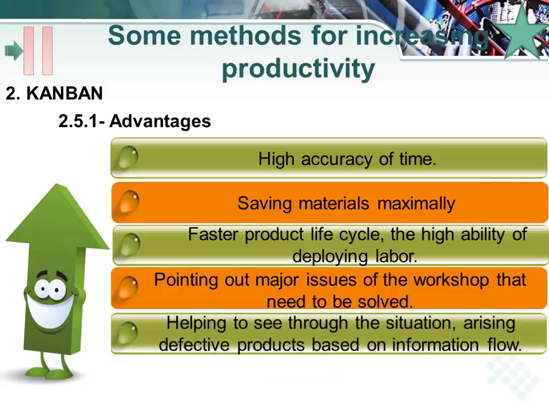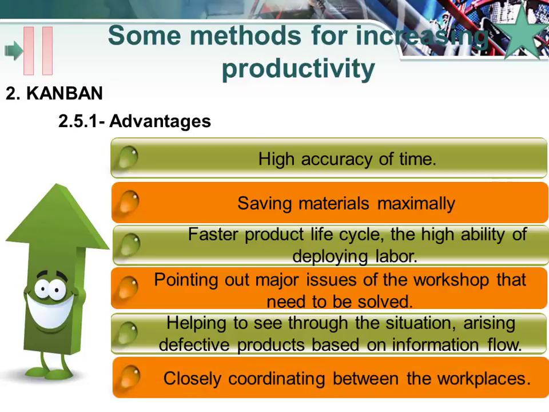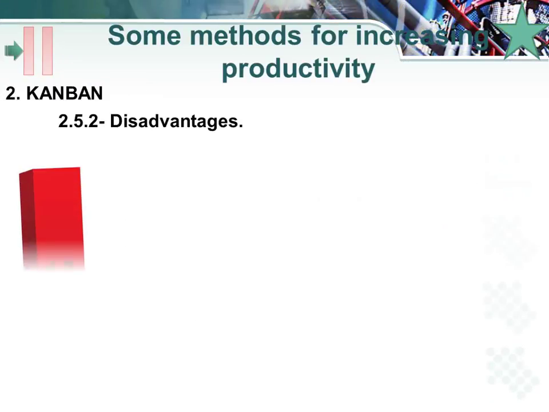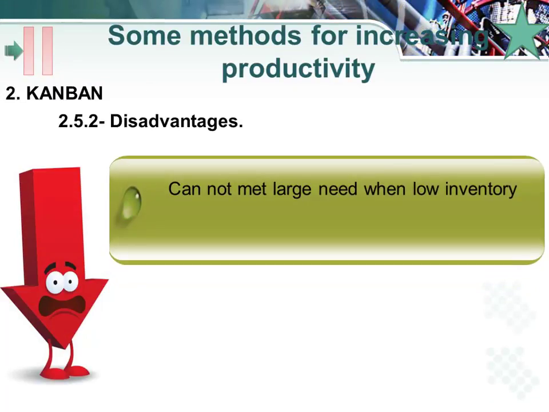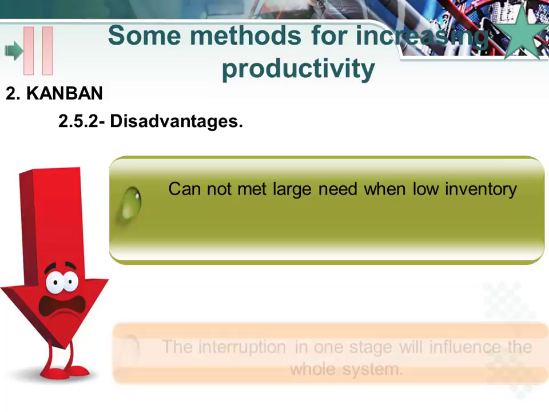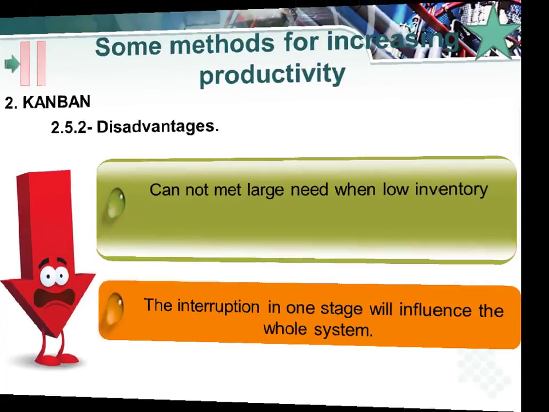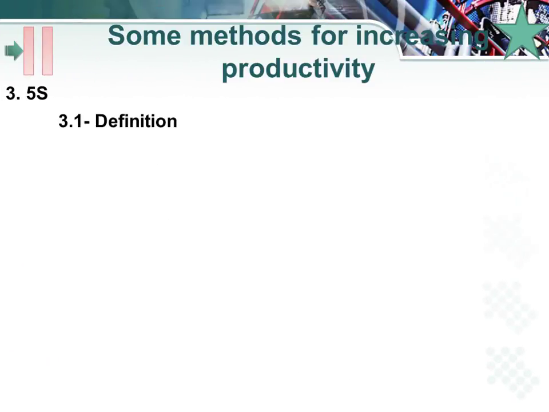Helping to see through the situation, addressing defective products based on information. Closely coordinating between the workplaces. But the disadvantages of Kanban are that it cannot meet large needs when low inventory, and the interruption in one stage will influence the whole system.